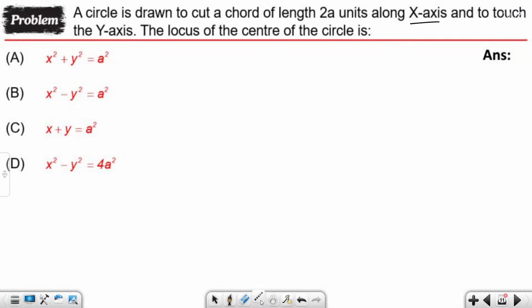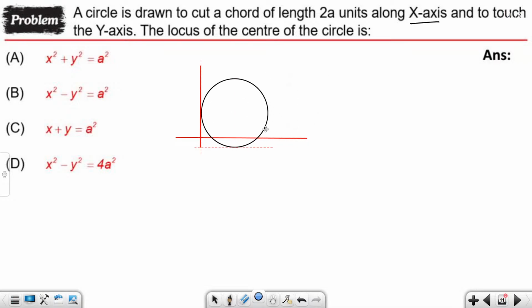Let me just draw the diagram first. So what is happening? A circle is drawn to cut the chord of length 2a units along the x-axis and touch the y-axis.